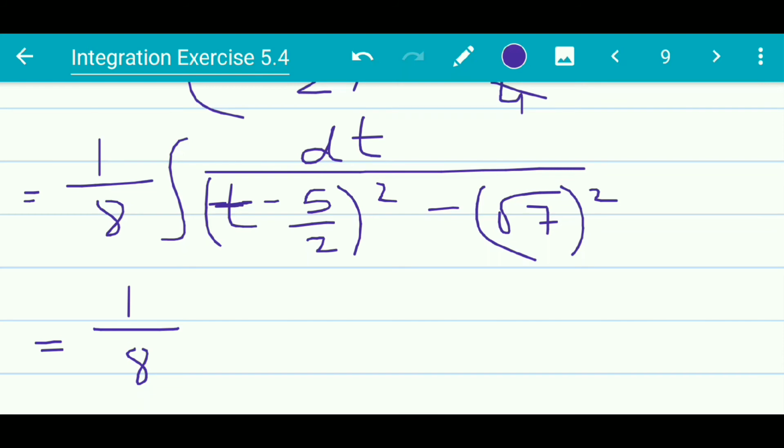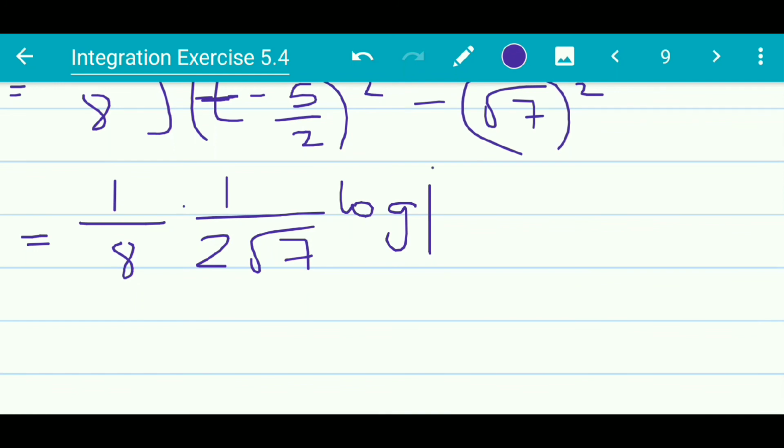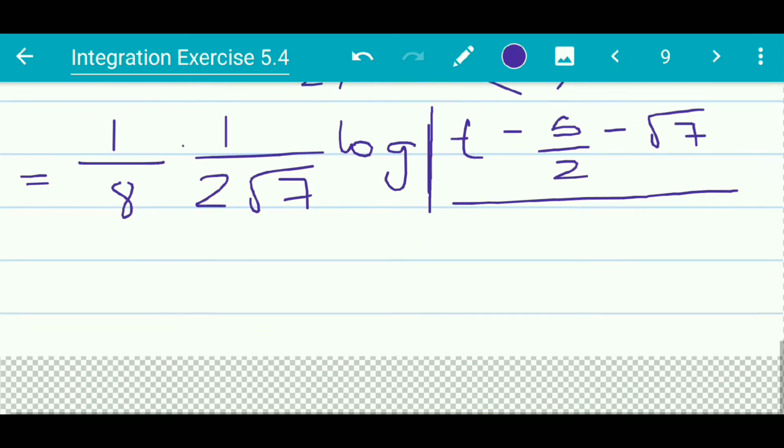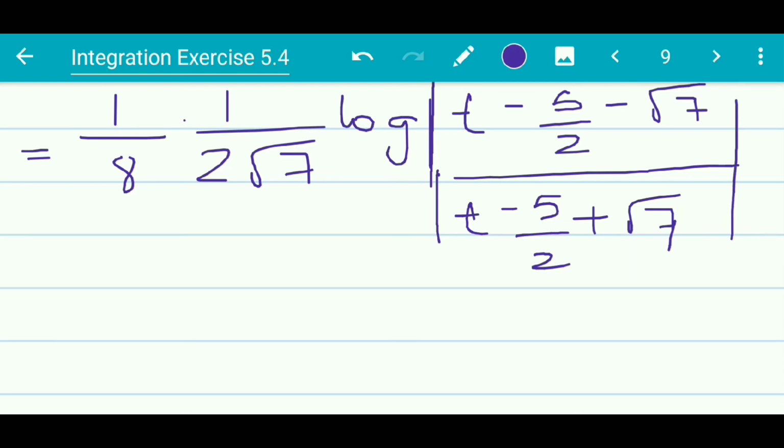So our answer becomes 1 upon 8 as it is, 1 upon 2a, that means 1 upon 2 root 7, log mod of x minus a. Instead of x minus a, we have t minus 5 upon 2 minus root 7, upon x plus a. So x plus a becomes t minus 5 by 2 plus root 7, and plus c.